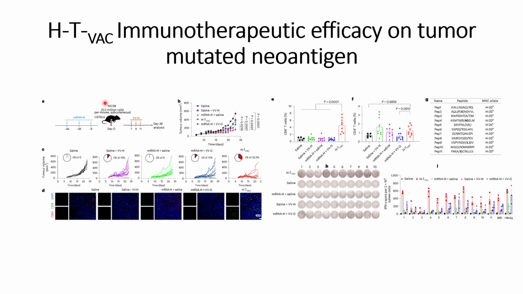So in order to check this hypothesis, they used a cancer cell line, that is MC38, which is known for multiple tumor mutated neoantigens.